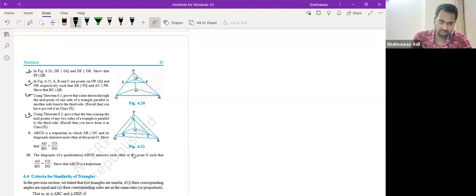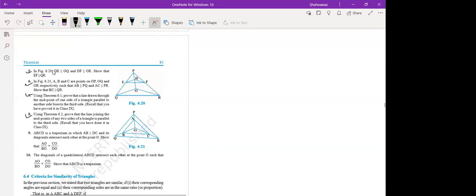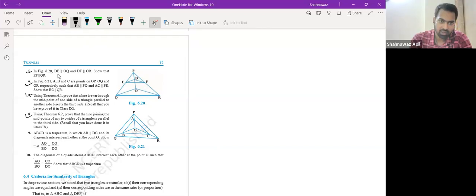So let us quickly finish this chapter. Yes, sir. So this part is already given. Parallel things are already given. DE parallel to OQ. So we have this diagram, right? And it is already given that... So when you don't connect the lines, then you increase the width of the lines, right?